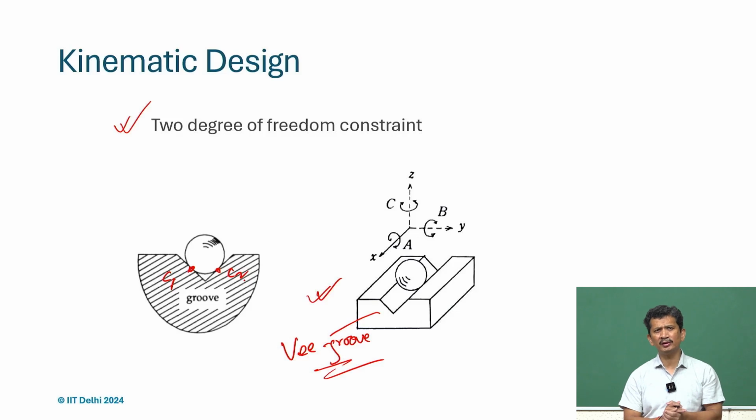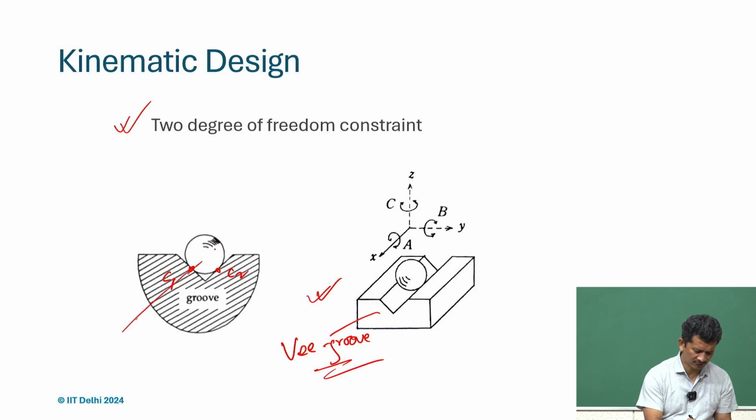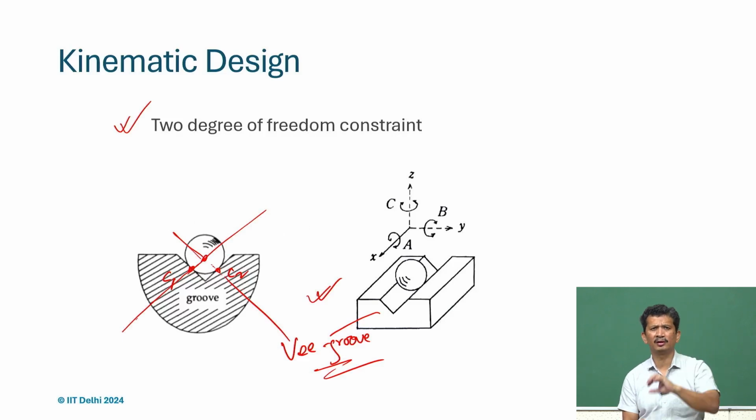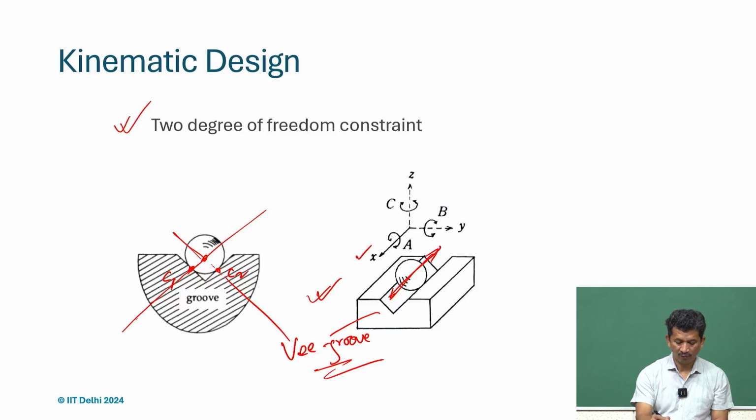So, 2 contacts means 2 degree of freedom constraints, C 1 and C 2, and this ball can rotate. With 2 constraints, we should have 4 degrees of freedom. So, it can move along the groove, which is x.